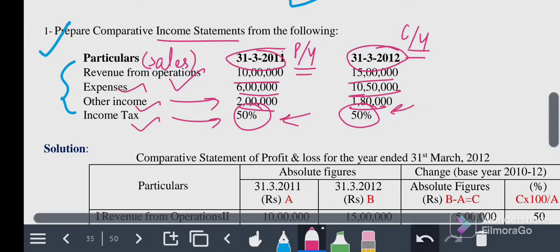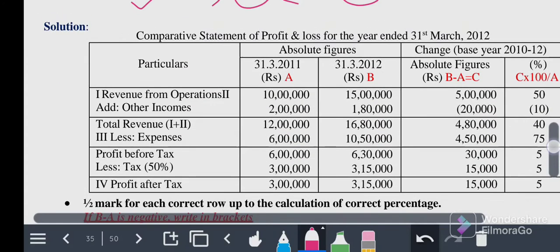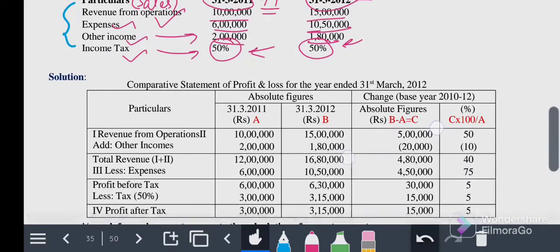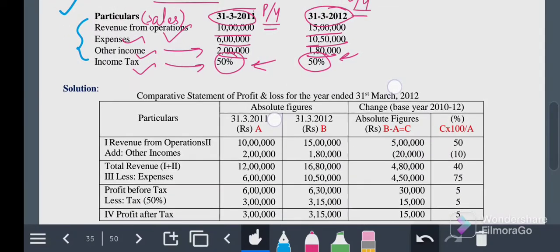So how are you going to solve this question? First you need to make the proforma. How does the proforma look? Let's look at this. This is a proforma and the solution for the question we are discussing. In the solution part, you have a comparative statement of profit and loss for the year ended 31st March 2012.